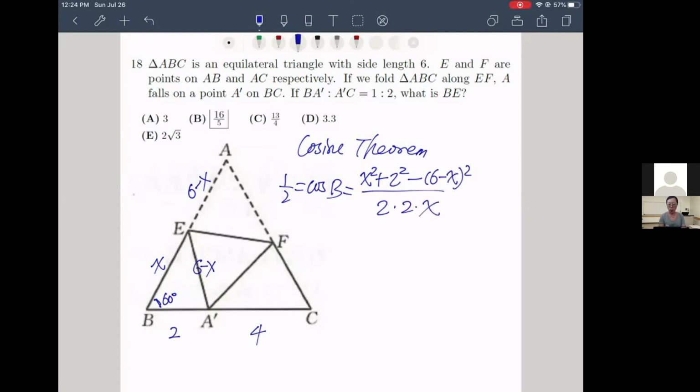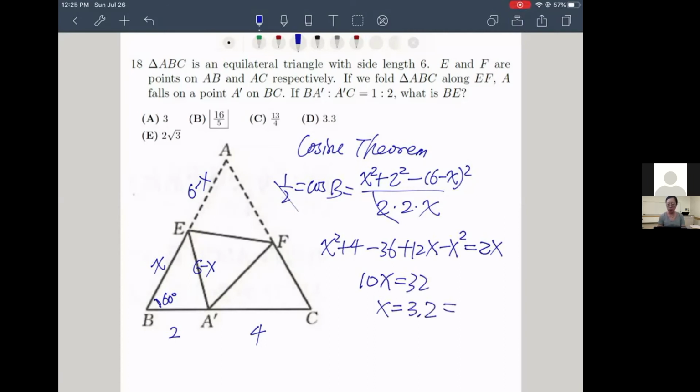Okay, so if we cross multiply, what we have is x squared plus 4 minus 36 plus 12x minus x squared equals 2x. 10x equals 32, x equals 3.2, which is also 16/5. So this is method 1.